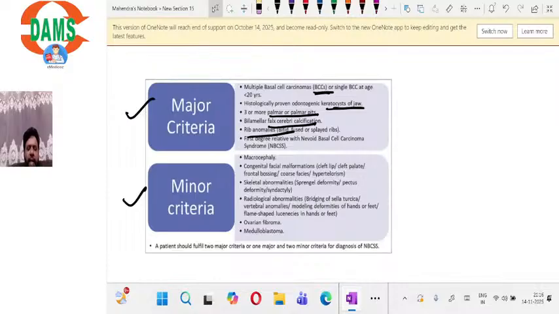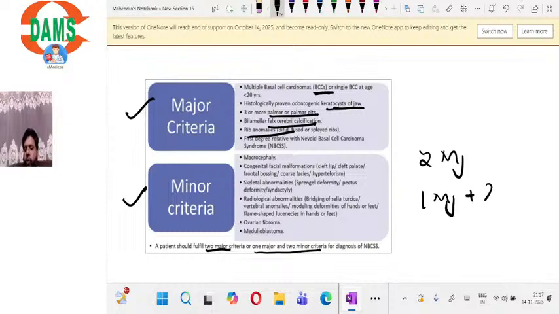Minor criteria are there for nevoid basal cell carcinoma syndrome, but usually they are not given much emphasis. A separate MCQ is not asked on minor criteria. We just need to know the criteria for diagnosis: at least 2 major, or 1 major plus 2 minor.